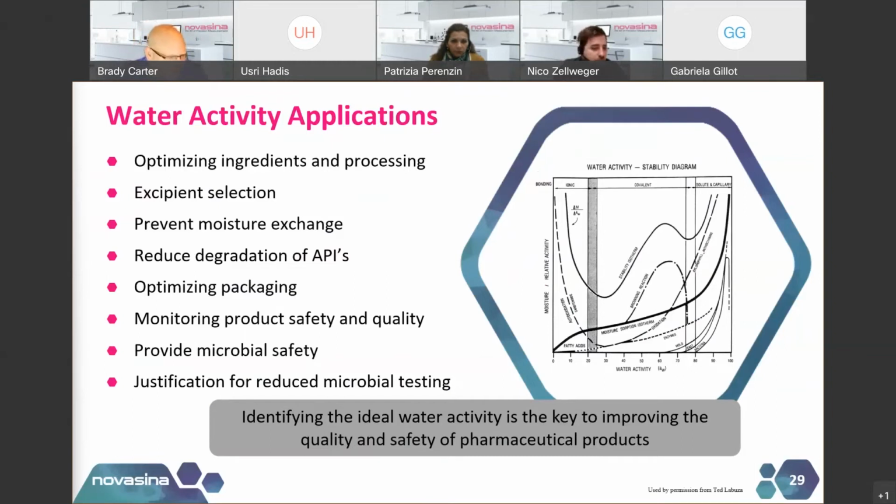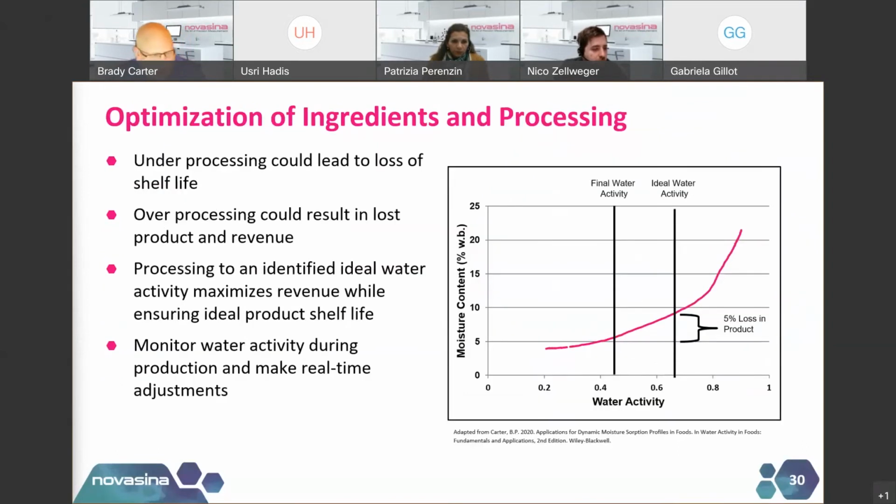You can optimize your packaging to prevent moisture exchange with the environment, especially when some of these products can be in harsh environments. You can use it to monitor the safety and quality, specifically microbial safety, and then again use it for justification for reduced microbial testing. So let's talk about each one of these in turn.